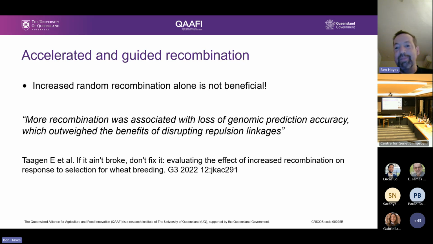And if you break that up by recombination, you can actually reduce your genomic prediction accuracy. And there's a nice paper by Targan et al. called "If It Ain't Broke, Don't Fix It," which clearly points this out. So what you want to do with your gene editing is target recombination exactly at the blocks you've used to define your haplotypes, so you don't break those haplotype combinations.